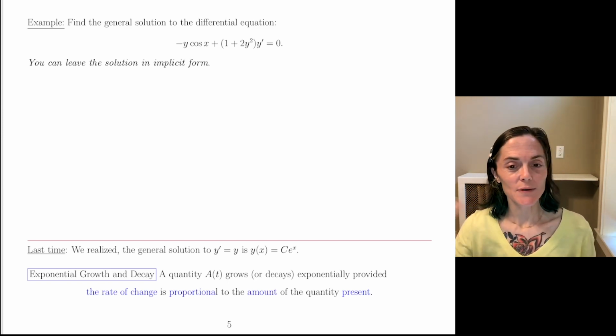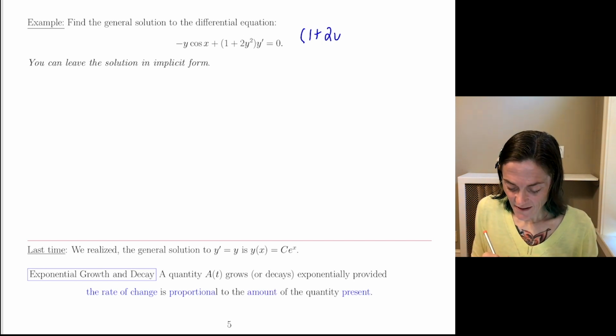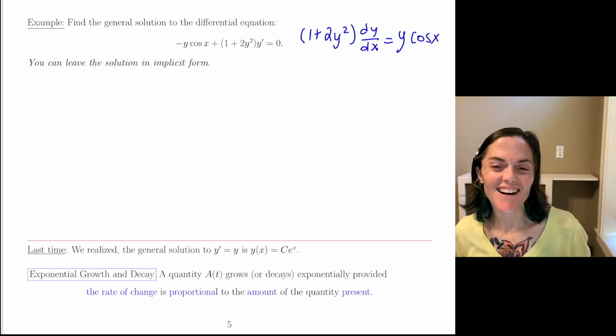The first thing we can do is just rewrite this differential equation. We have 1 plus 2y squared, dy dx equals y cosine x. I think that's good enough to get started.